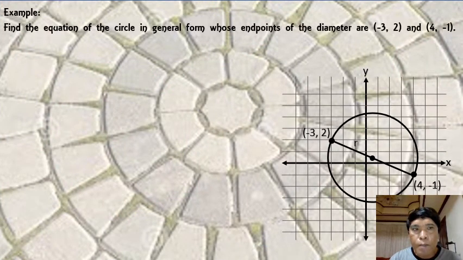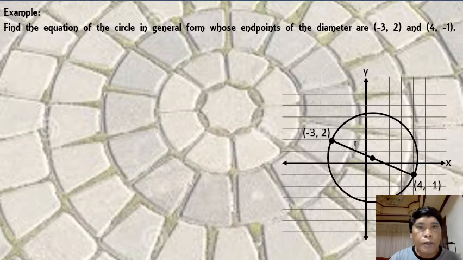Let's take this example. Find the equation of the circle in general form whose endpoints of the diameter are (negative 3, positive 2) and (4, negative 1). Remember that these 2 points are the endpoints of the diameter. So we all know that the diameter is twice the length of the radius.